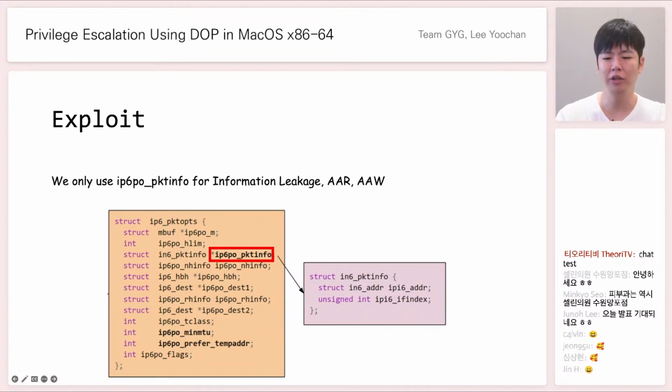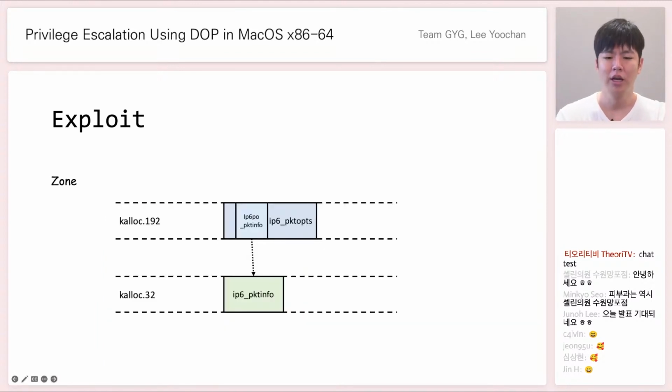But since we only have an overflow primitive, we use packet info for the three primitives: information leakage and arbitrary read and write. Before trying to exploit, the most important issue is which zone the target object is placed in. Similar to the Linux kernel, macOS and iOS use zones for performance and security.